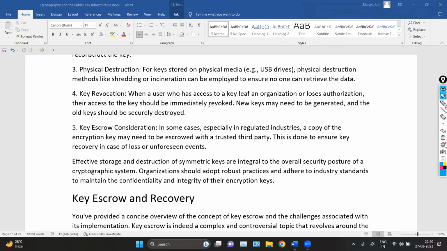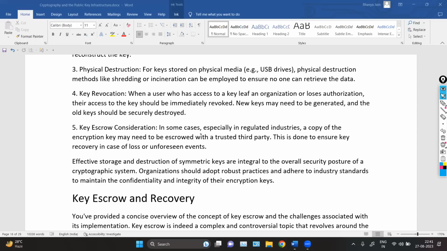You have to completely destroy the old keys and generate new keys. Okay, because that user can access the data even from outside the organization. So that is why we have to replace the old keys with the new keys and destroy the old keys, because we are using symmetric encryption, which is a shared key, the same key for everyone.